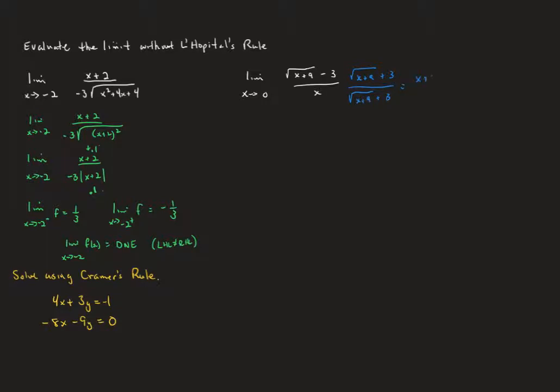That will give us the difference of 2 squares in the numerator, and in the denominator, we'll just leave this in factored form. We'll see that first the 9's will kill each other off. Once they're out of the picture, then we can cancel those x's, and then we can let x go to 0, and we'll get square root of 9 is 3, plus 3 on the bottom, which is going to be 1/6.